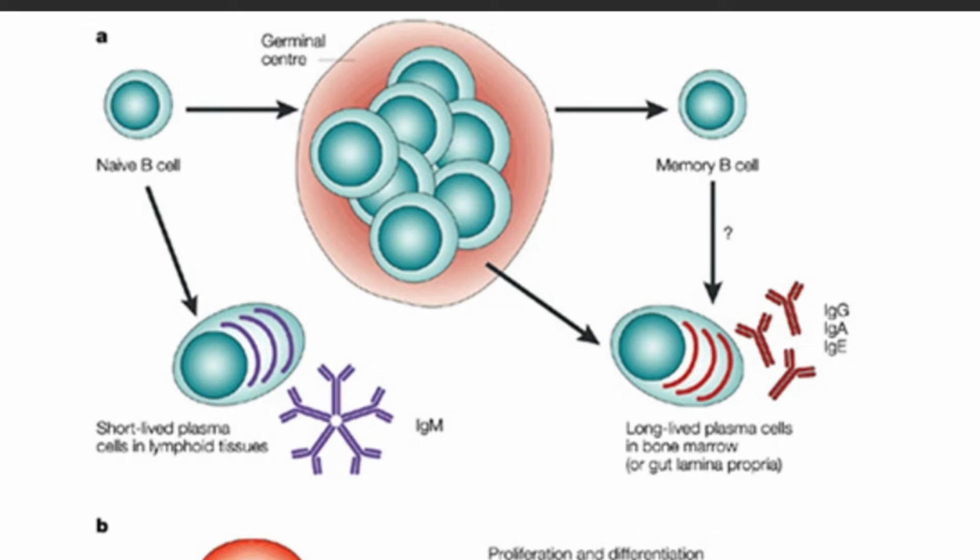But those cells will also clonally expand and differentiate into memory B cells, which are very long-lived, right? Which are not like naive B cells, which have a particular lifespan. These memory cells are going to persist in the body for the remainder of your life.